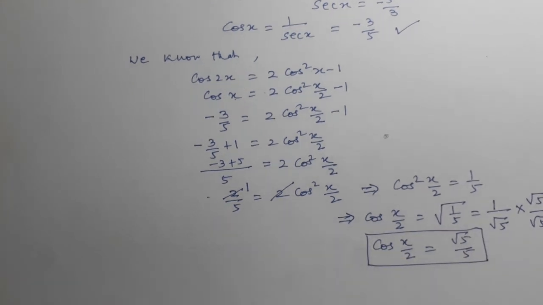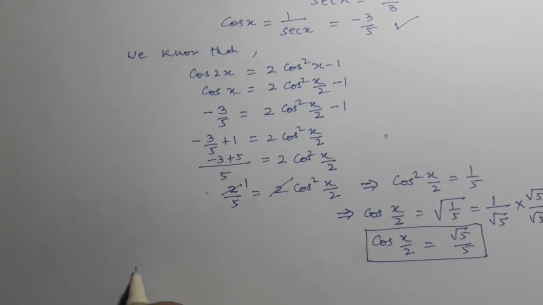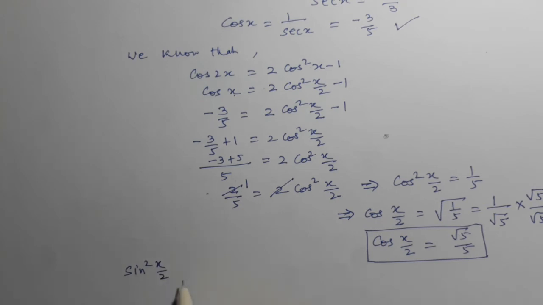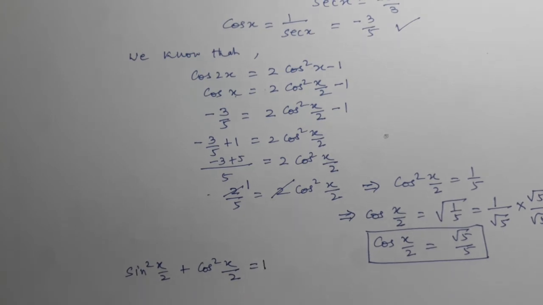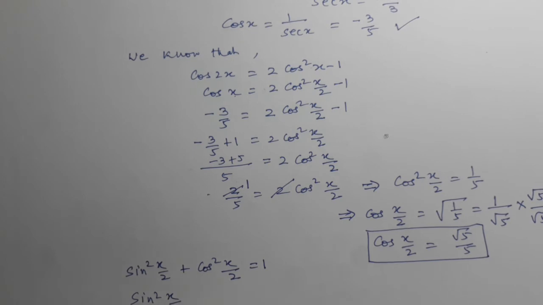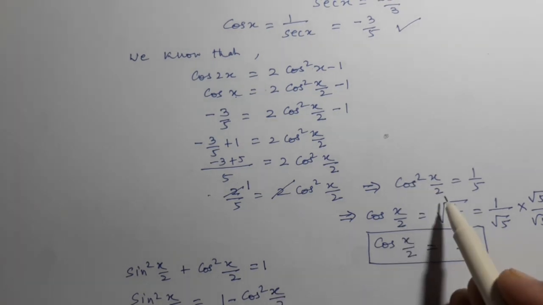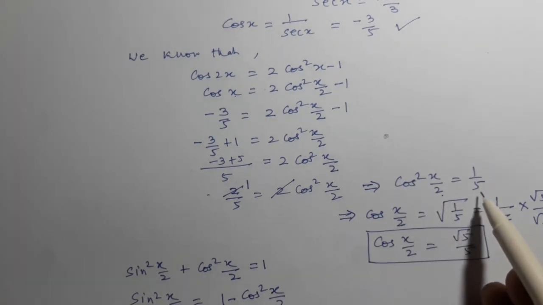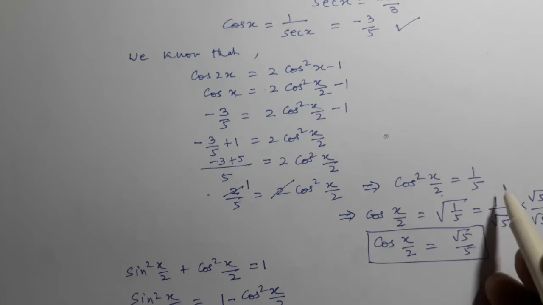Right? Now we know sin square x by 2 plus cos square x by 2 equal to 1. So we shall put sin square x by 2 equal to 1 minus cos square x by 2. Cos square x by 2 equal to 1 by 5 here.